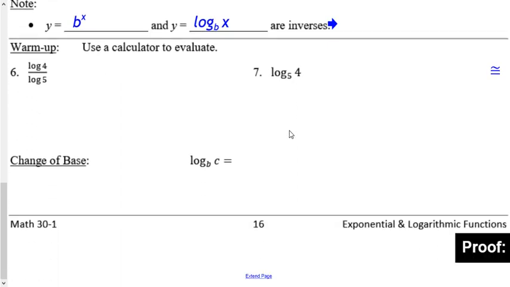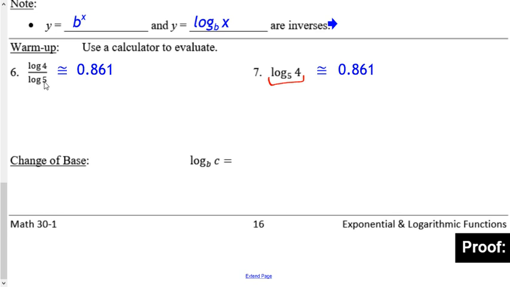As you did question number 6 and 7, hopefully you could just plug them into your calculator and you discovered you get exactly the same answer. Well, that illustrates the change of base rule for logarithms, which is here: if I have a log base 5 of 4, I can rewrite this as the log of 4 over the log of 5.